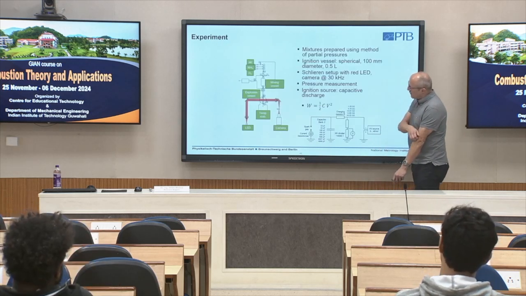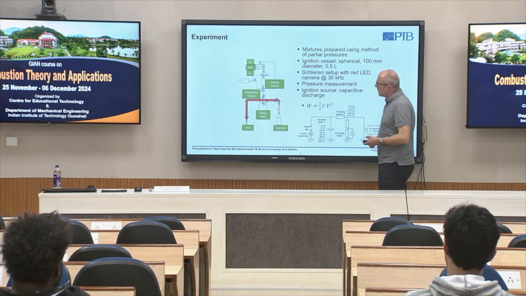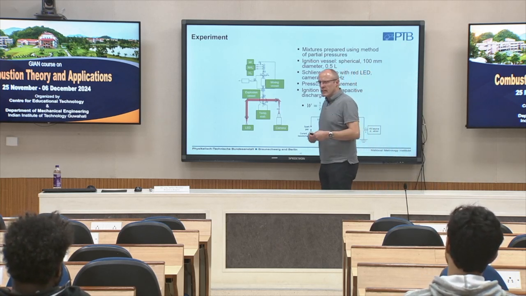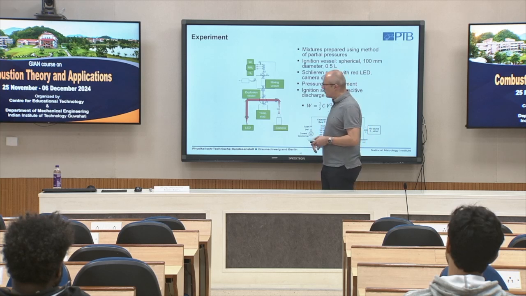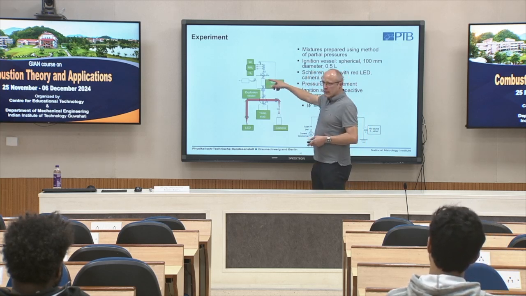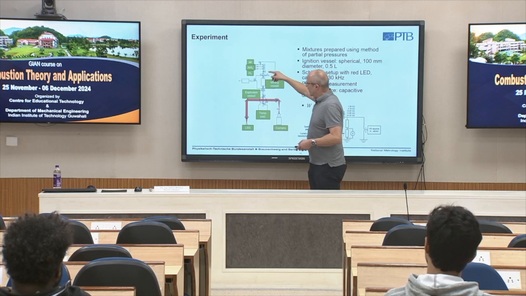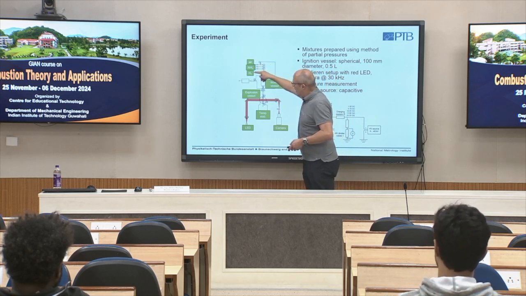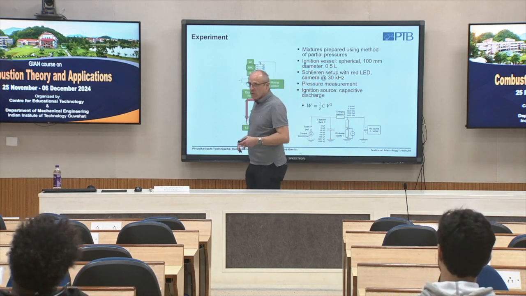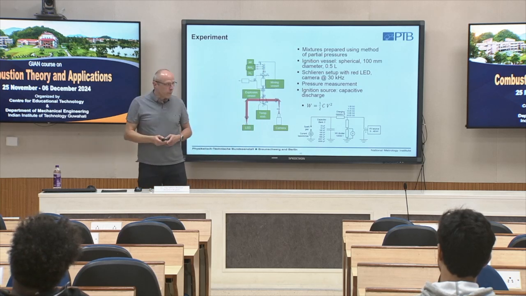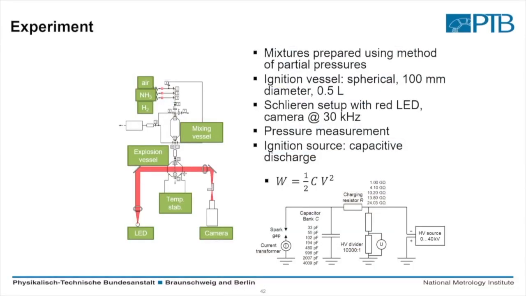So what I will show you now in the experiment, there was a question yesterday if you use only mass flow controllers. Here we use a mixing vessel which we evacuate and then fill with air, hydrogen and ammonia using the partial pressure method. And then from this mixing vessel we fill our explosion vessel with the wanted mixture. We have a very small vessel here, just 100 diameter, spherical.